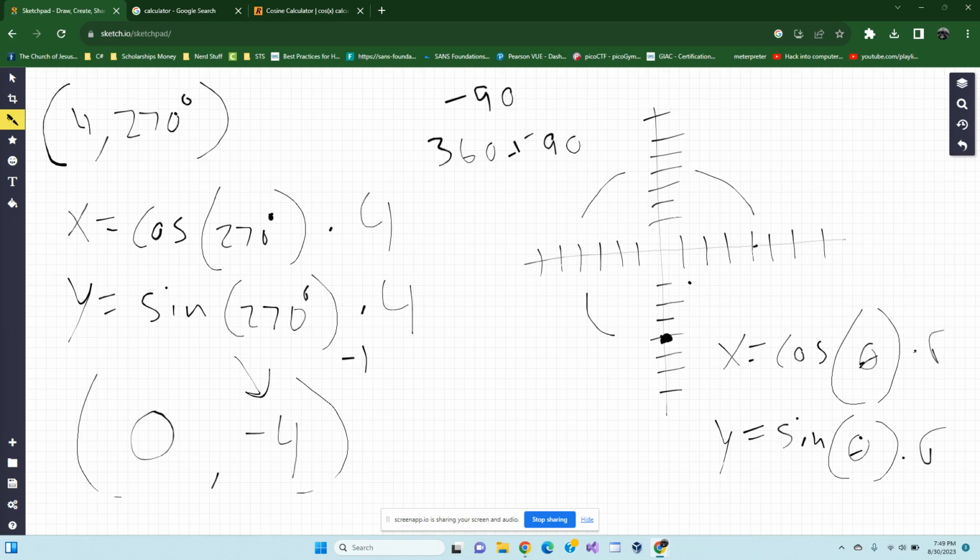Now look at our point here. It's down 4, negative 4, and it's across 0, 0. So that's how you convert from polar to Cartesian. x equals cosine of theta times r, and y equals the sine of theta times r.